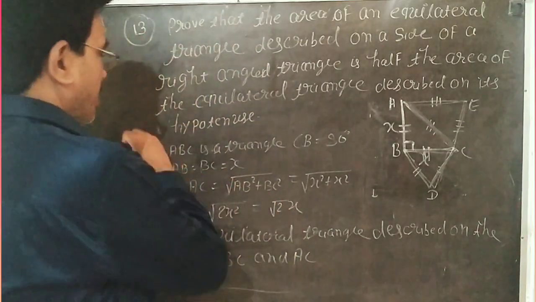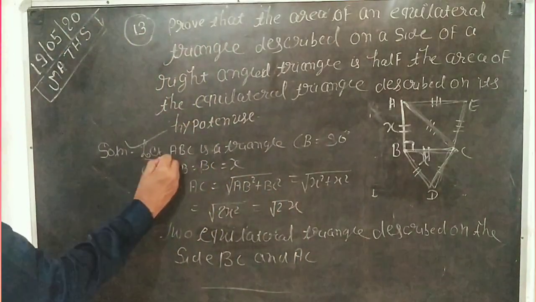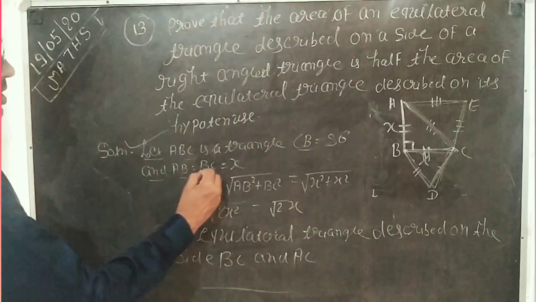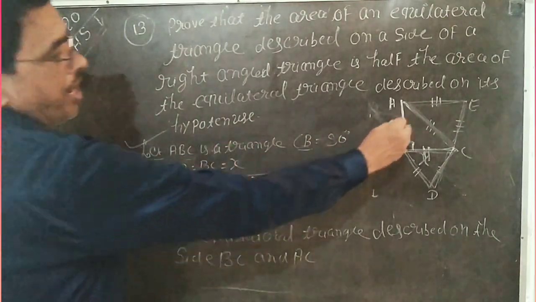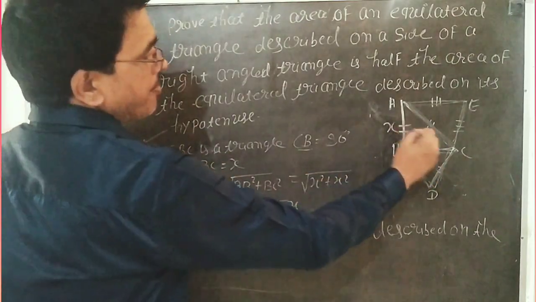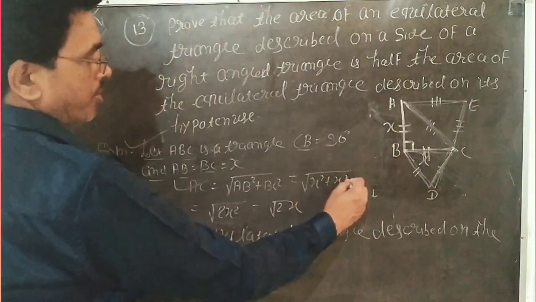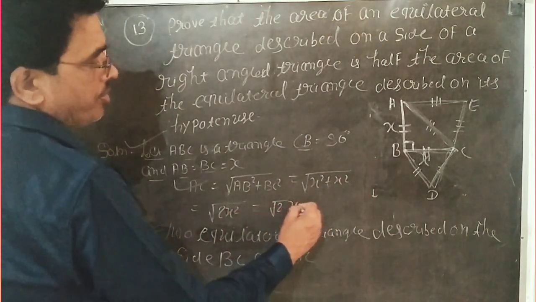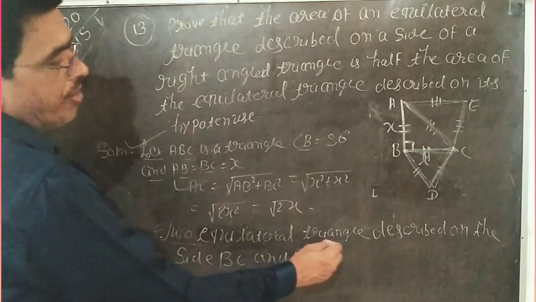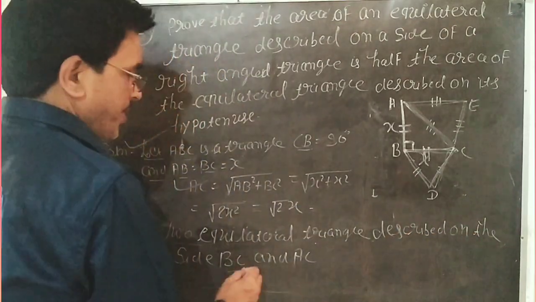First we suppose, let triangle ABC, angle B is 90 and AB is equal to BC is equal to x. So first we find AC, that is AB square plus BC square, x square plus x square, this is 2x square, so AC is root 2 x. Now two equilateral triangles are formed, described on the side BC and AC.